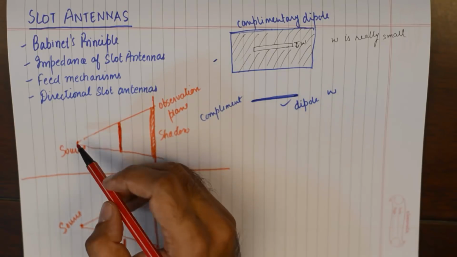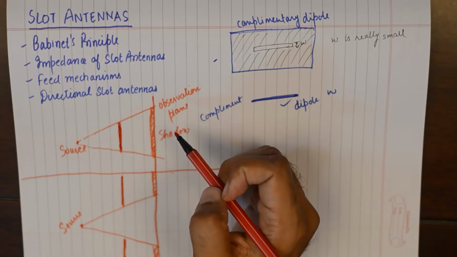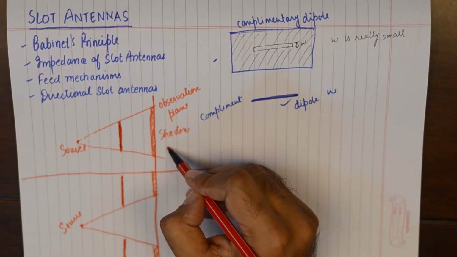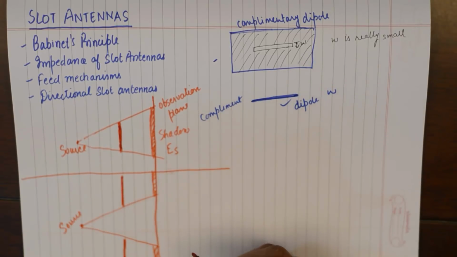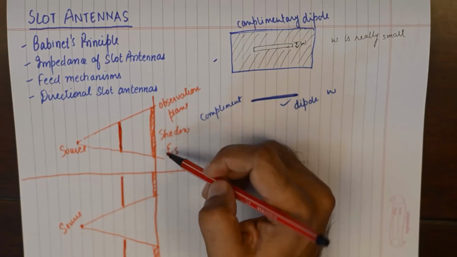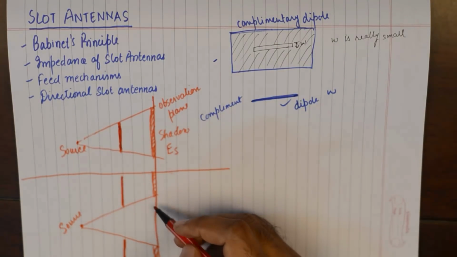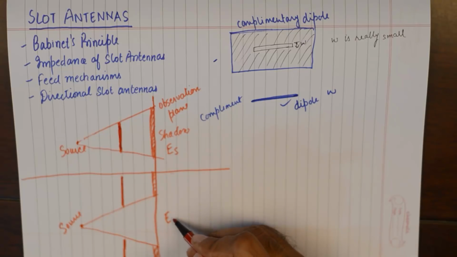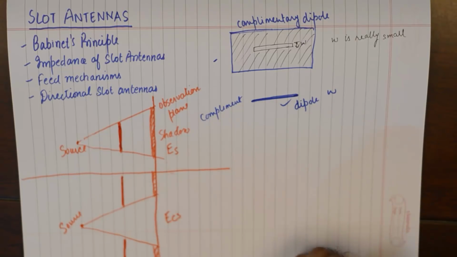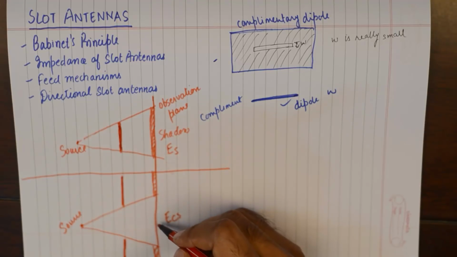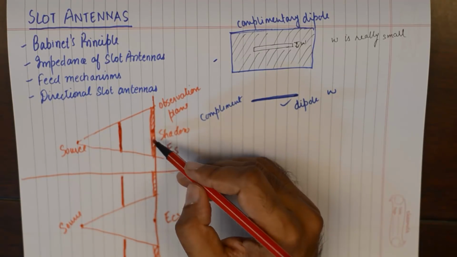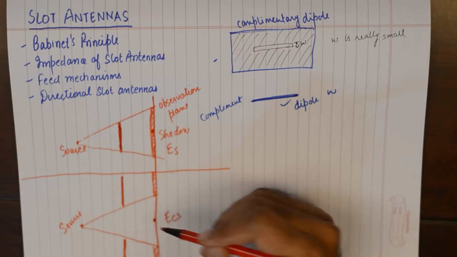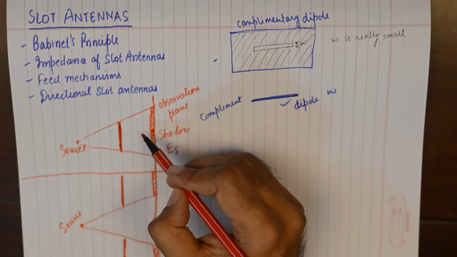And if I say that I get some energy E due to the presence of the screen at my observation plane, and some energy E complementary screen because of this setup at some point in the observation plane, let us say that point is right at the center. We do not change the point in the setups, but we take up this random point. So this is the point of observation.